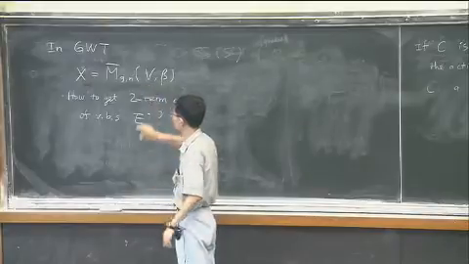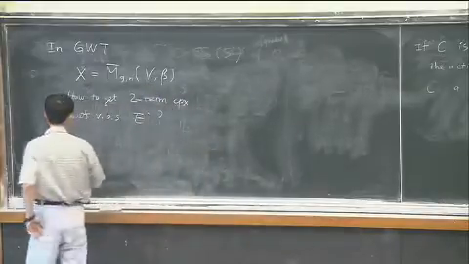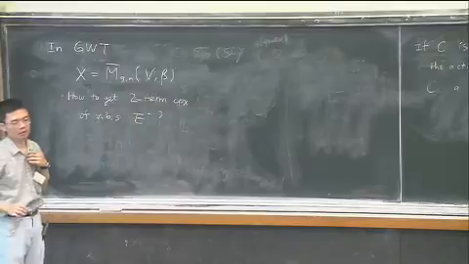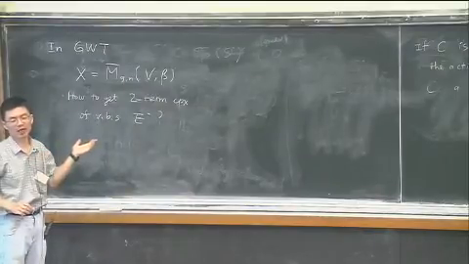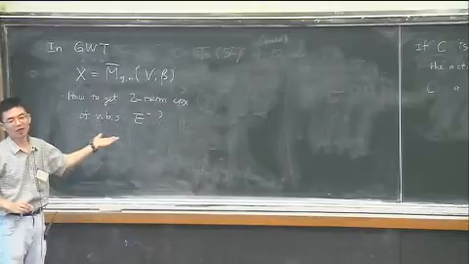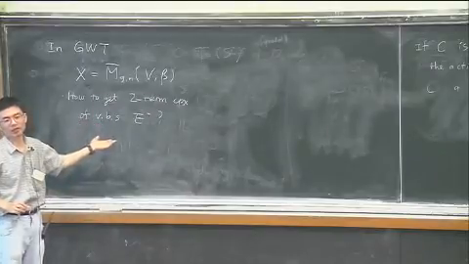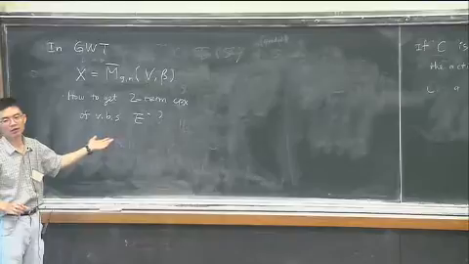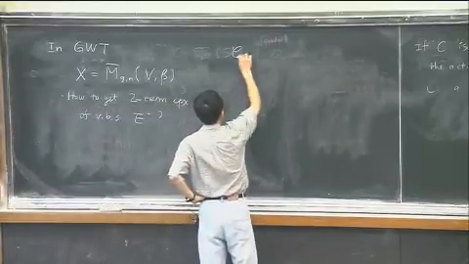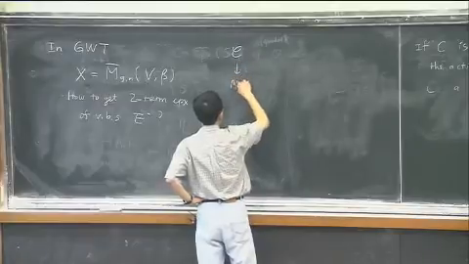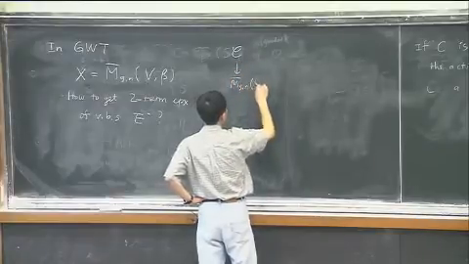Because I want to construct the virtual class for M bar g V beta, I have to first tell you what E dot is, all right? And how do I construct this E dot? It's quite simple. You just take the universal curve.